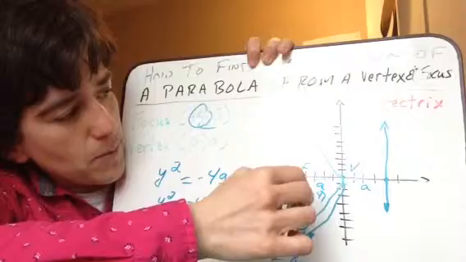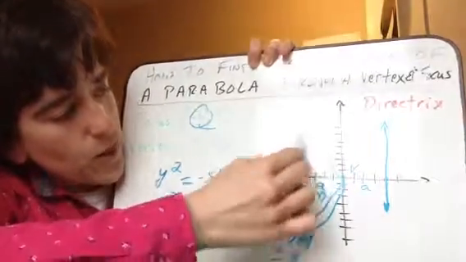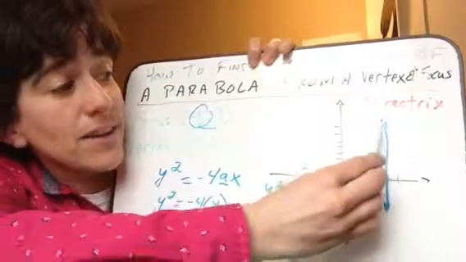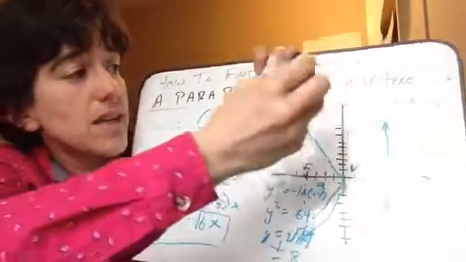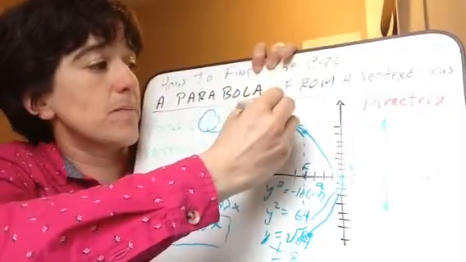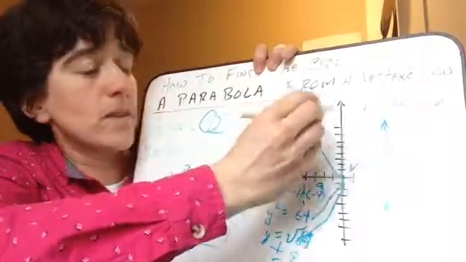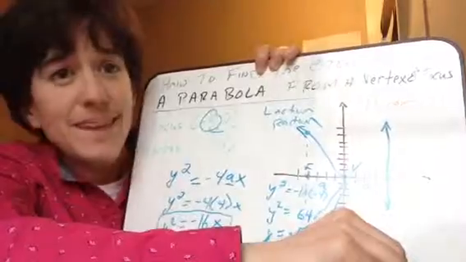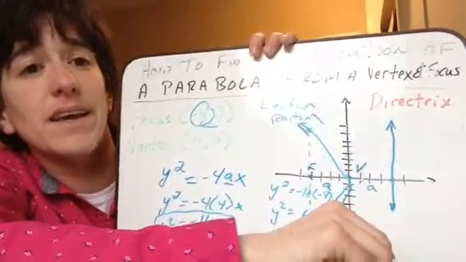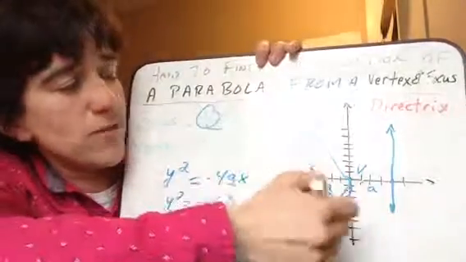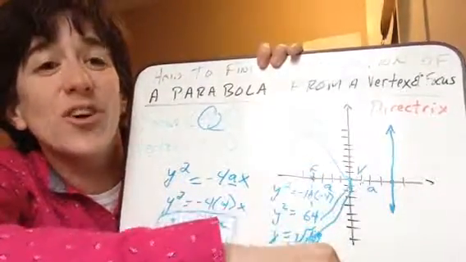This distance from the high point to the low point that goes through the focus and is parallel to the directrix is called my latus rectum. And that is how I can take the focus and a vertex and find the equation of my parabola and graph it.